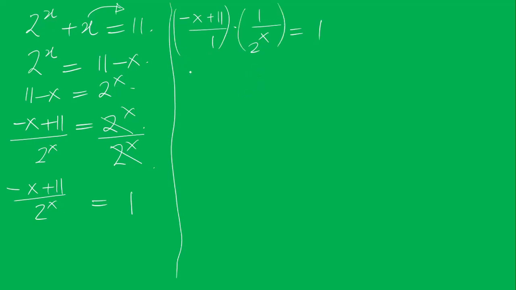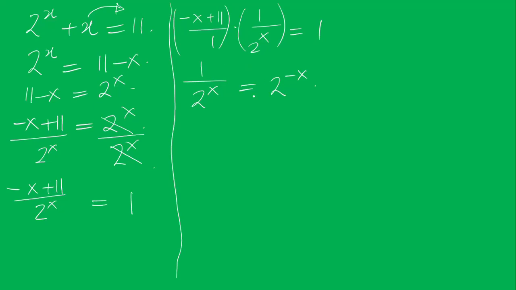Now, according to the law of indices, 1 over 2 to the power x is the same thing as 2 to the power minus x.